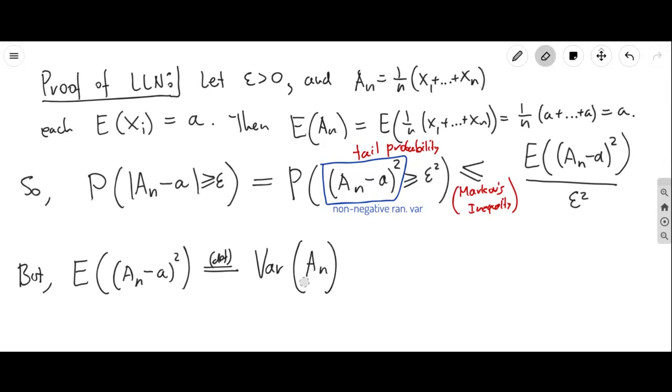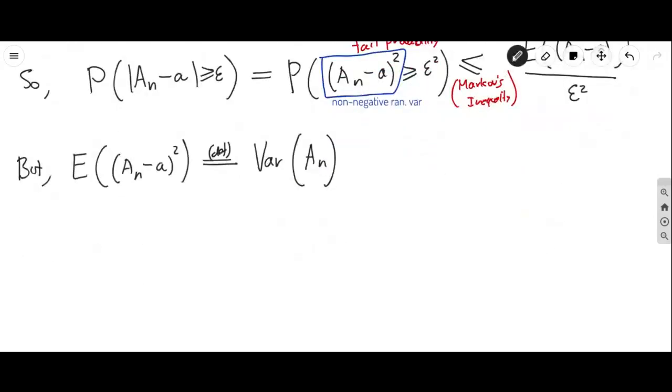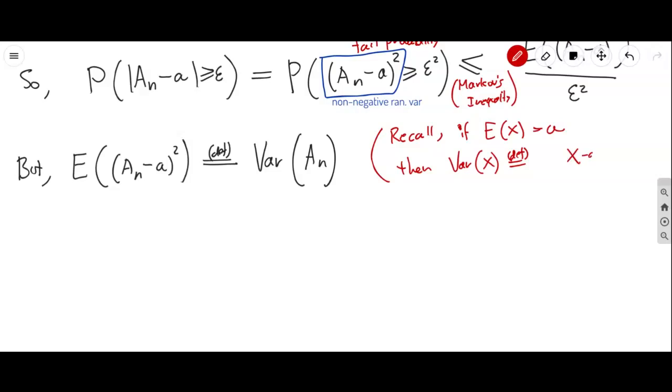How do you find the variance? When you have a random variable, how do you find the variance? You take the random variable, you subtract away from that random variable. I'll write it down here. So recall, if the expectation of X is equal to a, then the variance of X is equal to, and this is by definition, you do (X minus a) squared, and then you take the expectation of the whole thing.